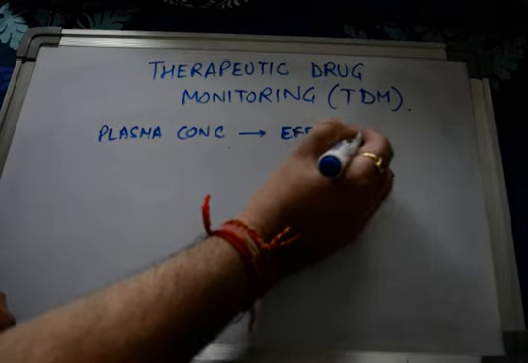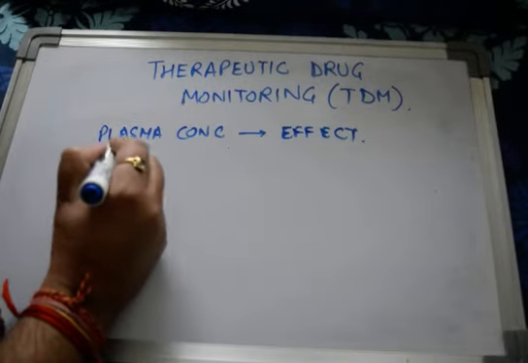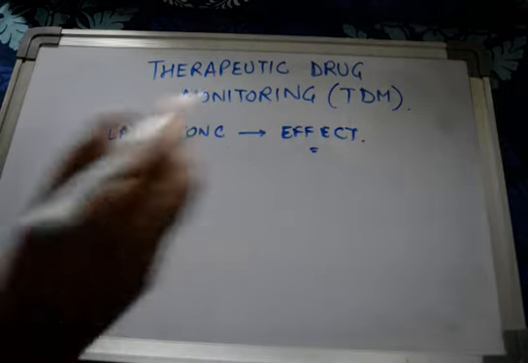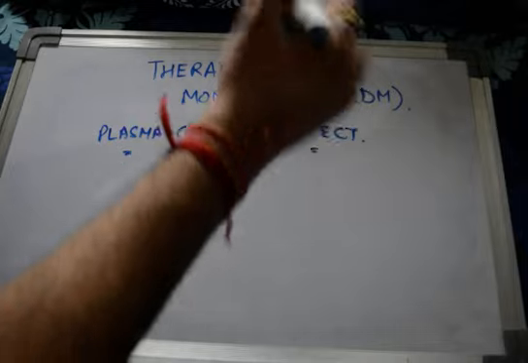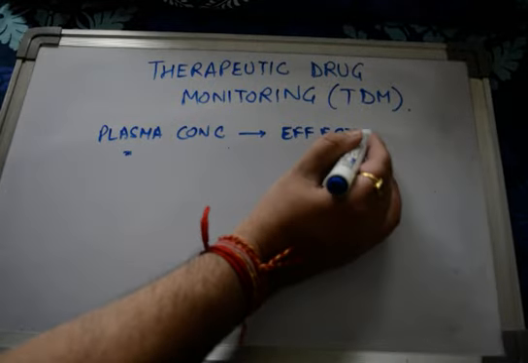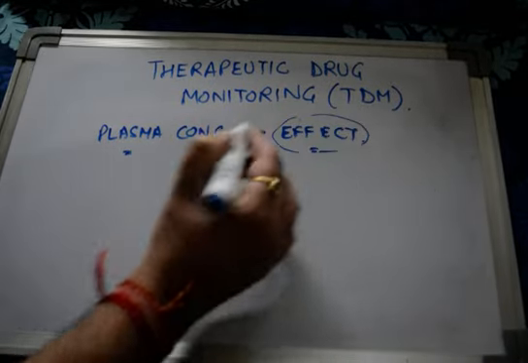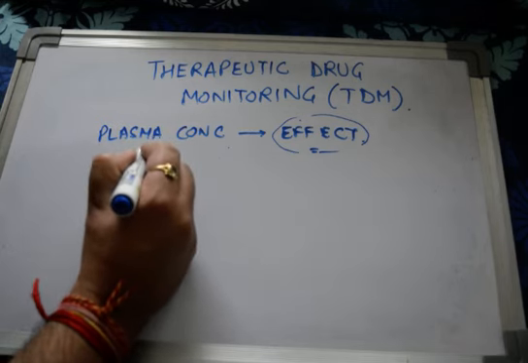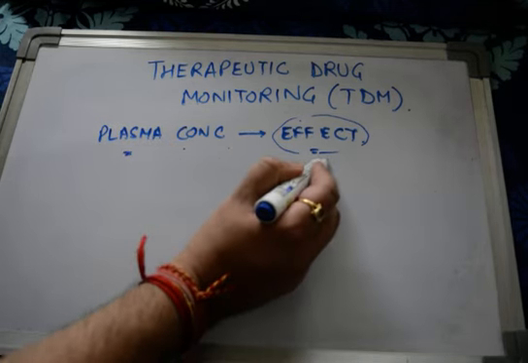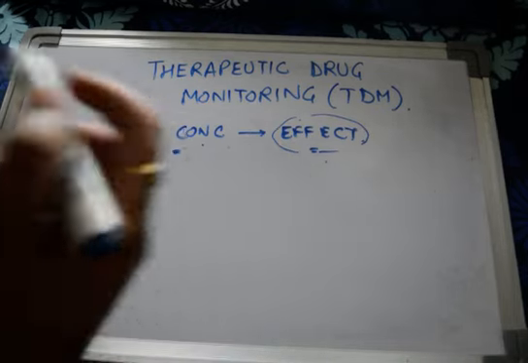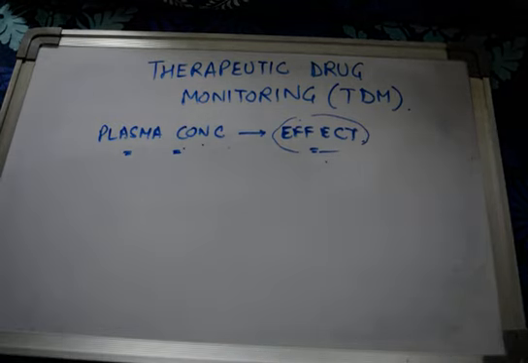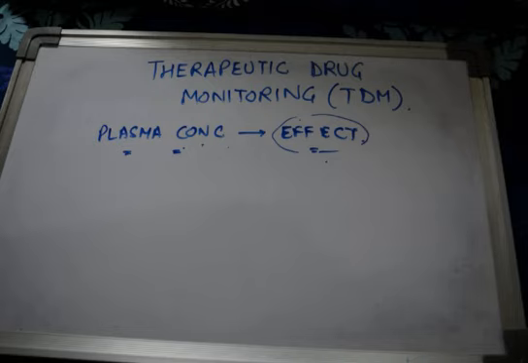So we know that at a particular plasma concentration, a particular effect will be seen. In most of these cases, I have told you that we cannot ascertain the effect, but we know that this particular plasma concentration should give this effect. So when you are hitting that plasma concentration, obviously you can assure that the drug will be effective. So this is the purpose of therapeutic drug monitoring.